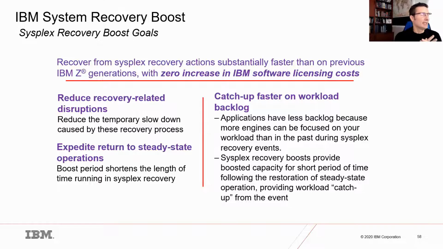Now we can recover from Sysplex recovery actions substantially faster, with no increase in your IBM software licensing costs. IBM is not going to report this boosting period from a software licensing perspective, and you'll be running the same from a reporting mechanism. So it's great that there will be no increase in the licensing costs.